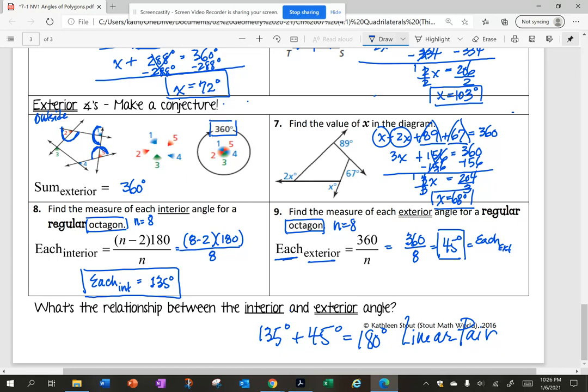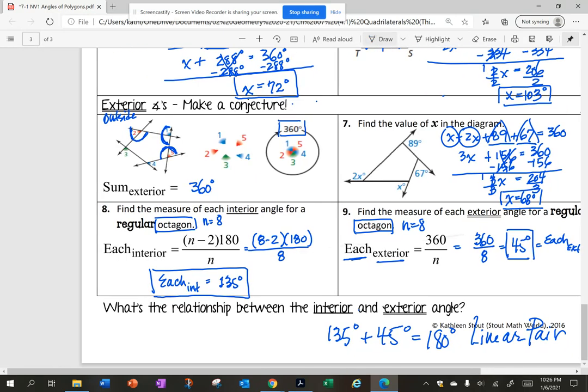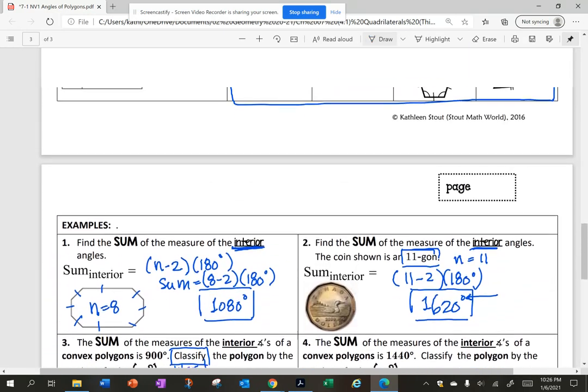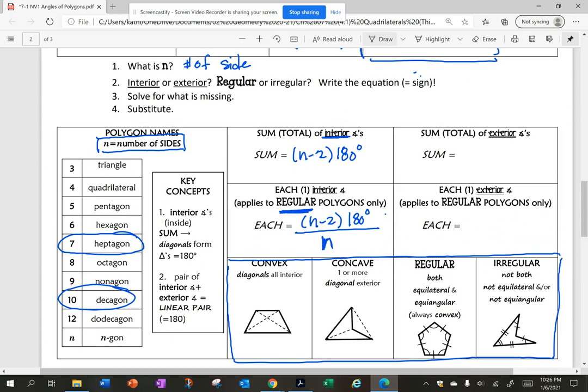Okay, so let's go back and fill in the rest of these formulas. So we have a reference. For my interior angles, n is the number of sides, n minus 2 times 180 gives me the sum of the interior angles. Each angle for a regular polygon is n minus 2 times 180 divided by the number of sides.